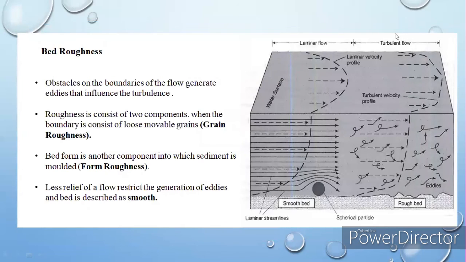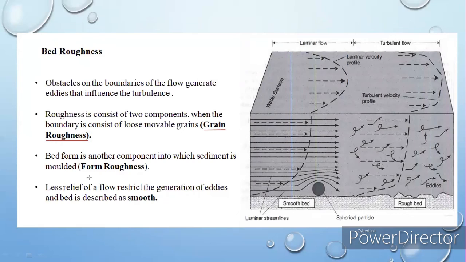Now, let us come to bed roughness. As you know, obstacles on the boundary of the flow generate eddies that influence the turbulence. So the more the obstacles, the more the turbulence. Roughness consists of two components. When the boundary consists of loose movable grains, it is called grain roughness.